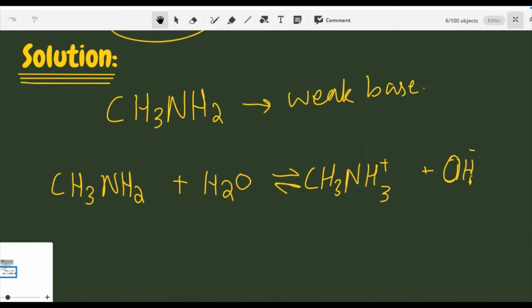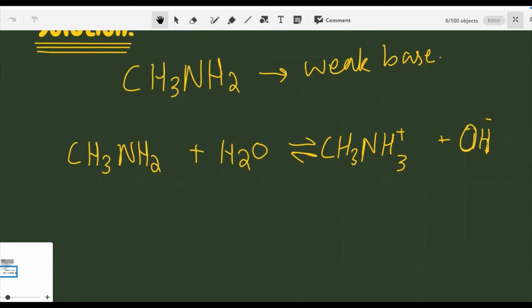Now that is our equation, in which we can find the pH of a weak base. CH3NH3 is the conjugate acid of CH3NH2.